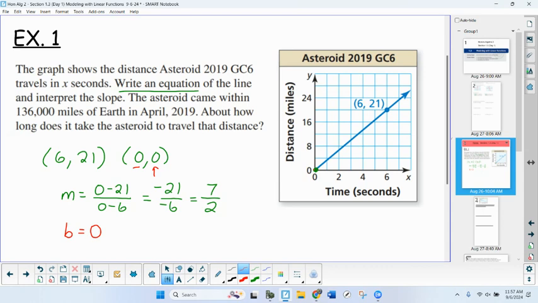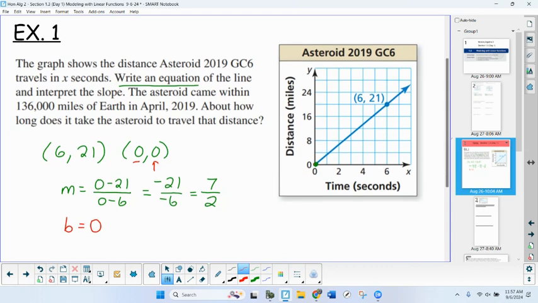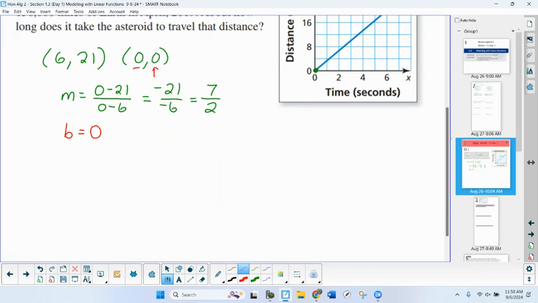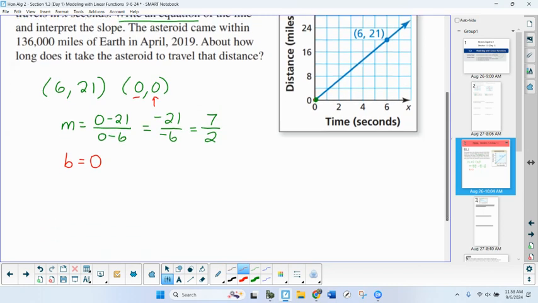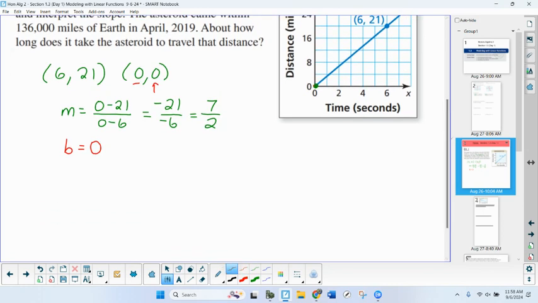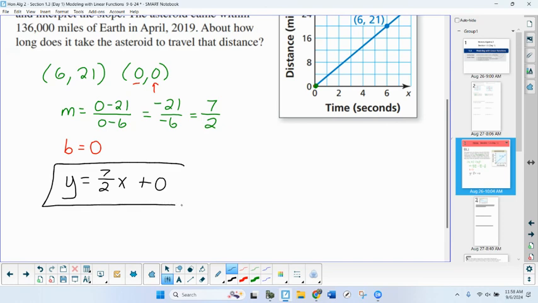There's your y-intercept. All right, so with that in mind, I now have enough information. I have my slope, I have my y-intercept. So Caleb, the last question for you, what would this equation be in slope-intercept form? y equals 7 over 2 x plus 0. Okay, you can have the plus 0 if you want, or you can just have y equals 7 over 2 x. I don't care if you have the plus 0 or not.